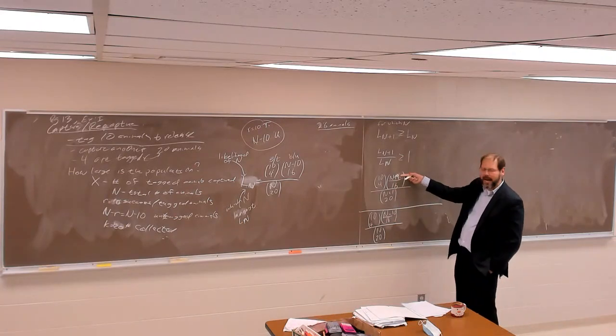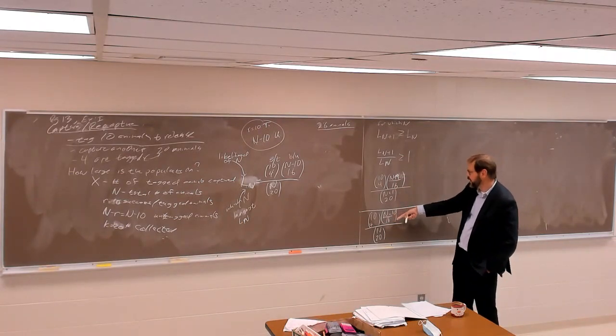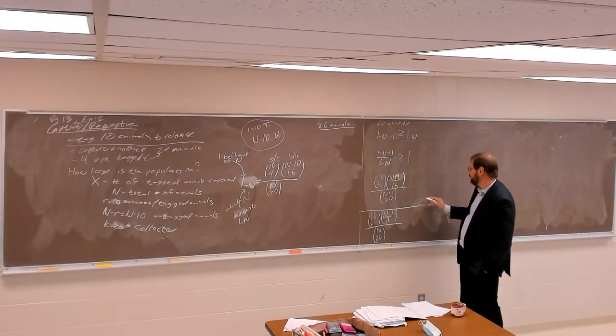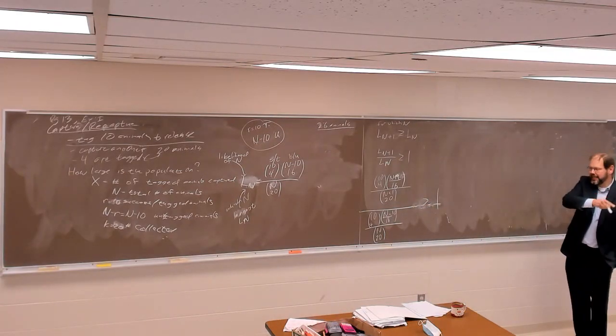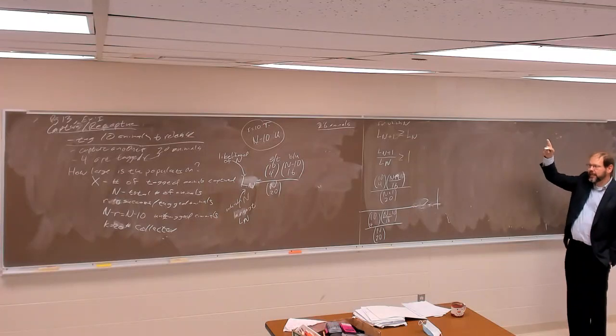So here's my L(n+1), here's my L(n). I have these two terms, and I want to know where that's greater than or equal to 1. Because that's where it's increasing.